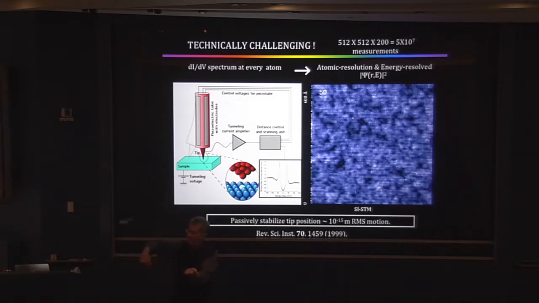So you take it and put it at one atom, park it at that location. The random motion should be less than a femtometer, less than the diameter of the nucleus. And you get a fraction of a second to make the measurement. Then you move it to the next atom, park it, and then stabilize it so that the random motion is less than the diameter of a nucleus.